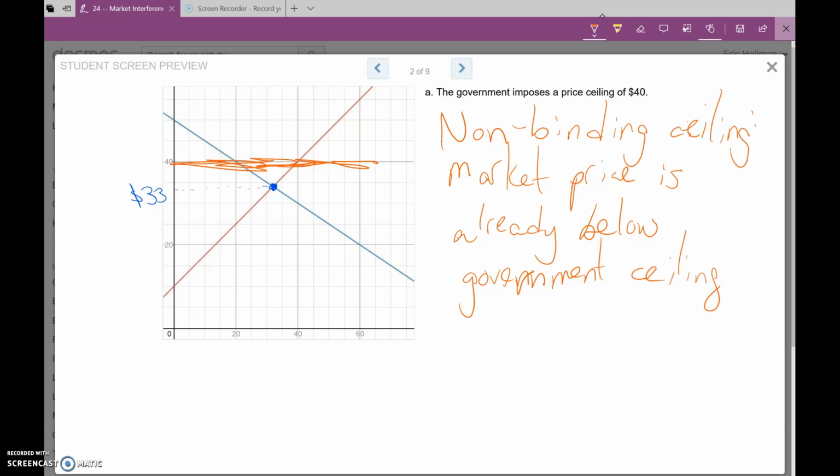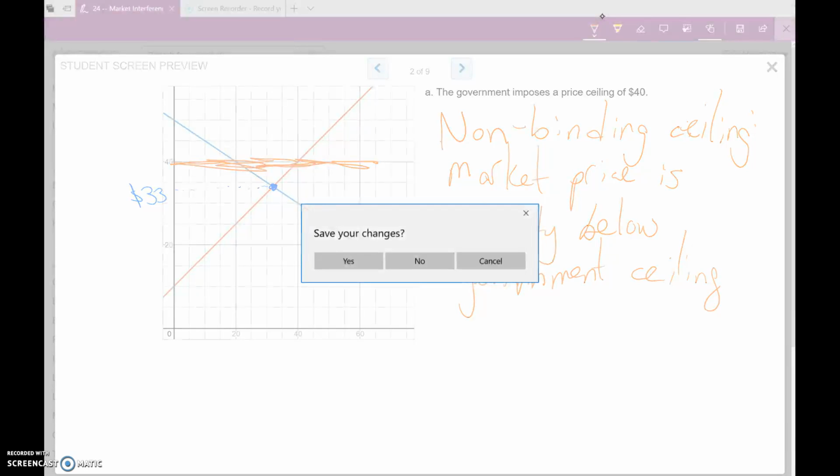So if the government came in and said, hey, you can't charge more than $40, everybody would be like, cool, we weren't going to anyway. And this would affect nothing. So that's an easy case.